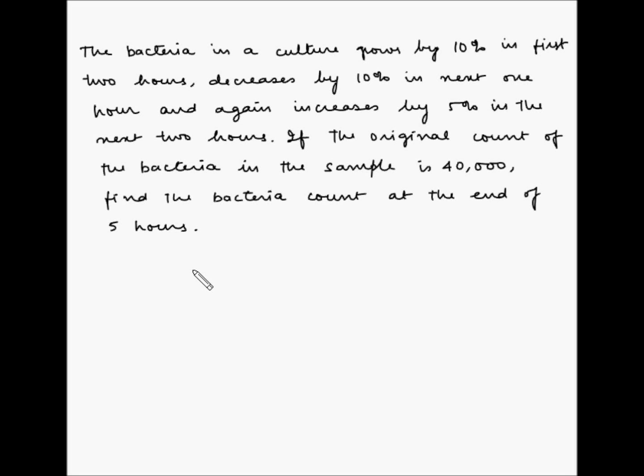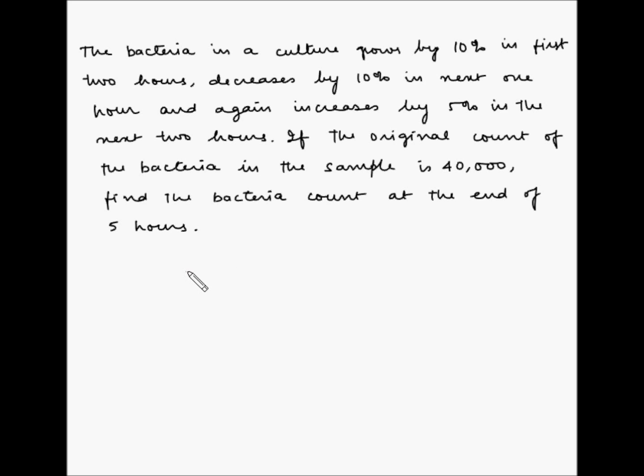The bacteria in a culture grows by 10% in the first 2 hours, decreases by 10% in the next 1 hour, and again increases by 5% in the next 2 hours. If the original count of the bacteria in the sample is 40,000, find the bacteria count at the end of 5 hours.